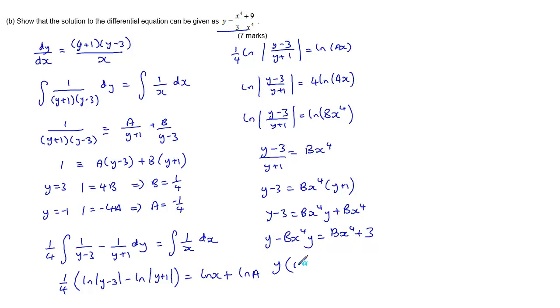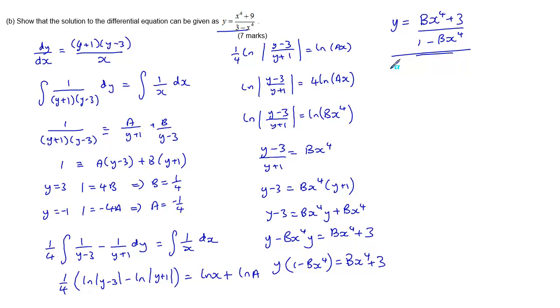So y into (1 minus bx to the 4) is bx to the 4 plus 3. And so y is equal to bx to the 4 plus 3, all over 1 minus bx to the 4.